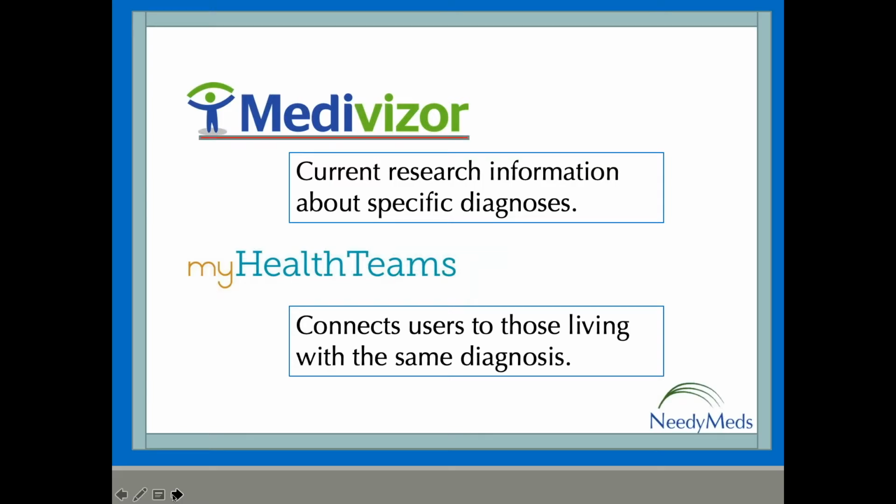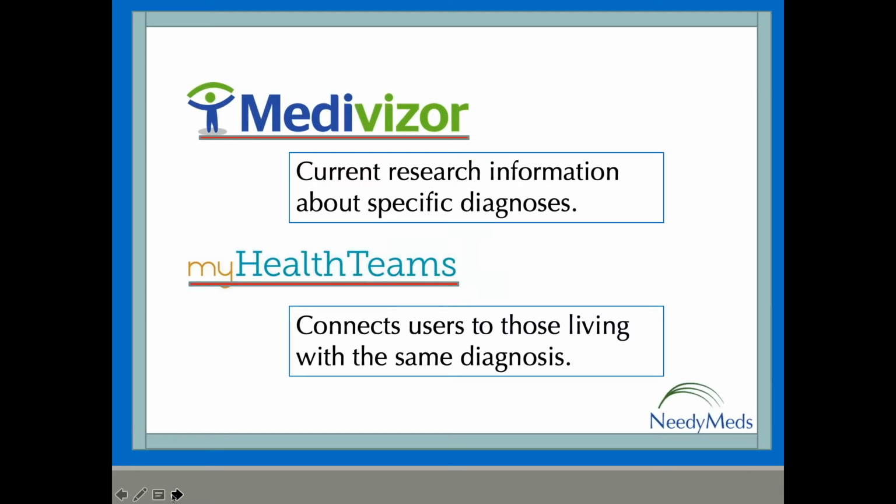Medivizor helps patients stay up to date on clinical trials, treatment options, and research findings about their specific medical condition or diagnosis by having information relevant to their diagnosis delivered right to their inbox.